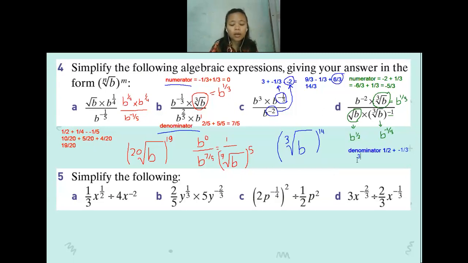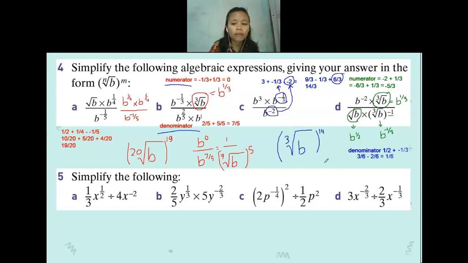Yeah, out of 6. So it will be 3/6, plus and minus, we can make it into minus, 1/3 will be 2/6. So in the end, we have 1/6. Is there anyone who is confused?